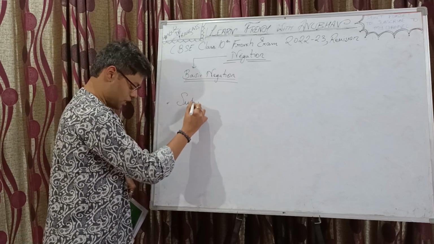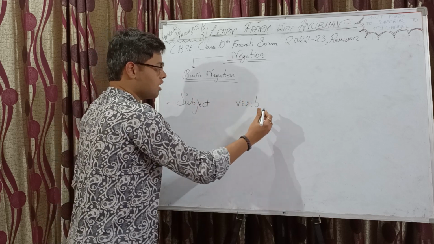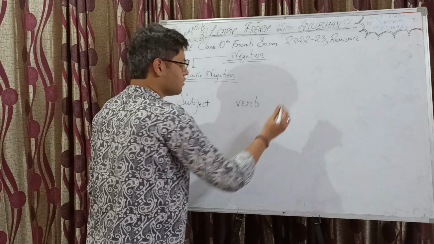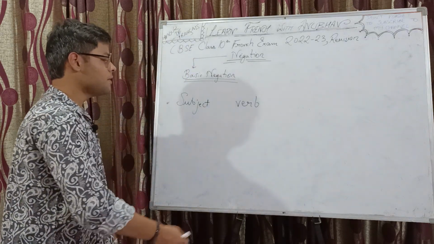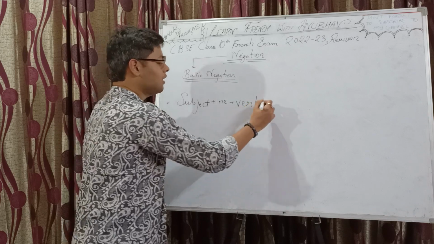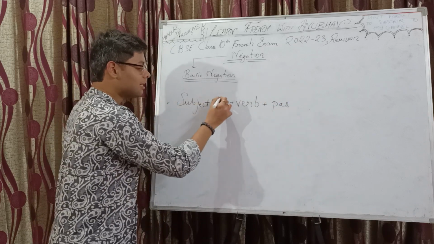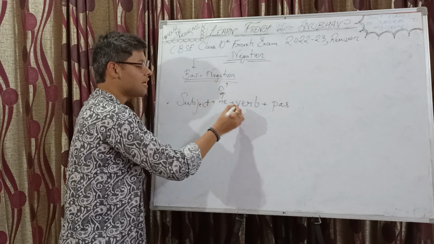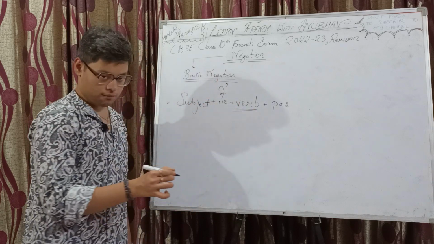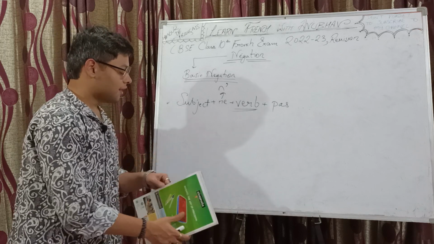We have the subject, then the verb, and then the rest of the sentence. In basic negation, we add ne here and then pas here. This ne will become an apostrophe if the verb begins with a vowel.